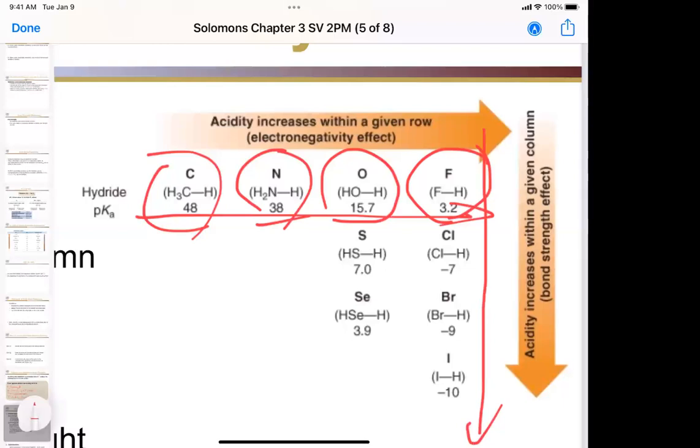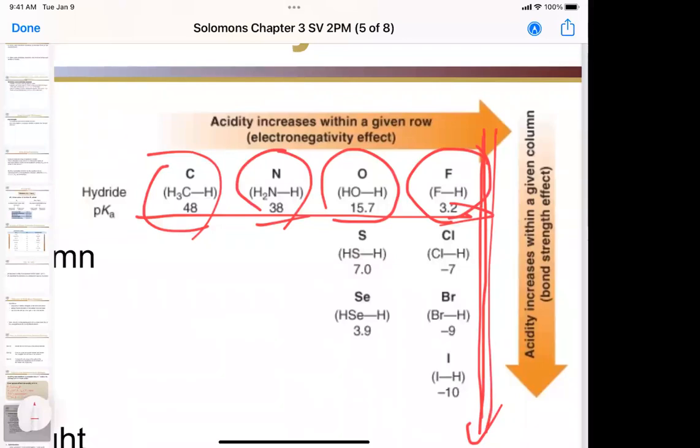So what's happening there? Why is it going in the other direction? It has everything to do with the size of that atom and how long that bond is between the hydrogen and the halogen, okay? If we look down a column, we see size as the dominant factor.